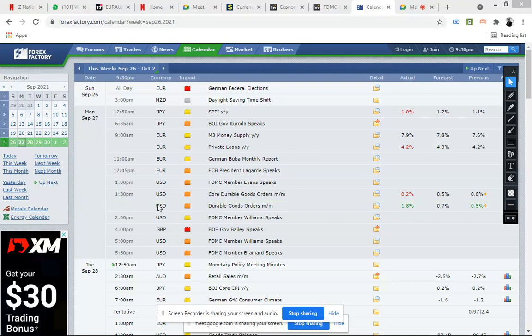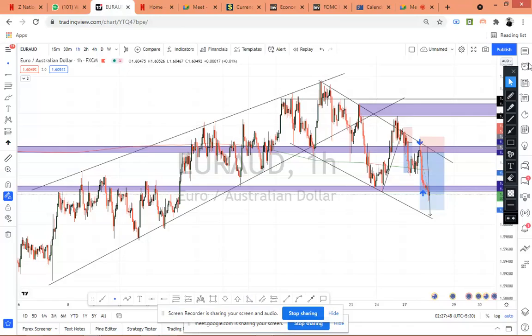That's medium impact news, that's budget. Here it came out negative, now it's positive. So that indicates a bullish trend on USD. Let's check any currency with USD.